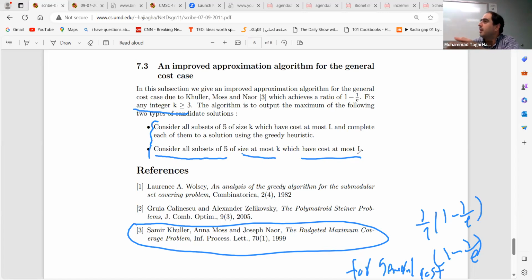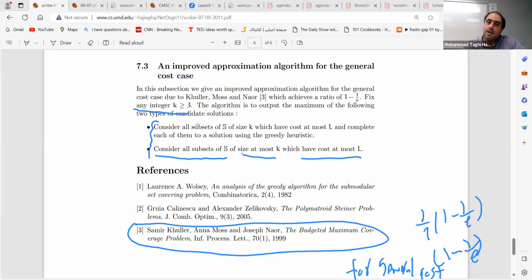I don't need to consider one set. I can consider all, like 2 sets whose sum of their costs is at most L, and they cover the maximum weight of elements. So algorithmically, I can do it. For any constant k, I can do that. Good. That's the first one.